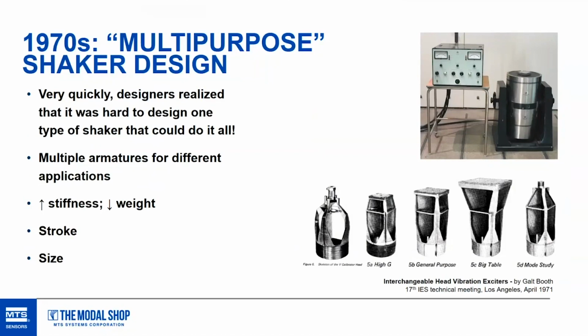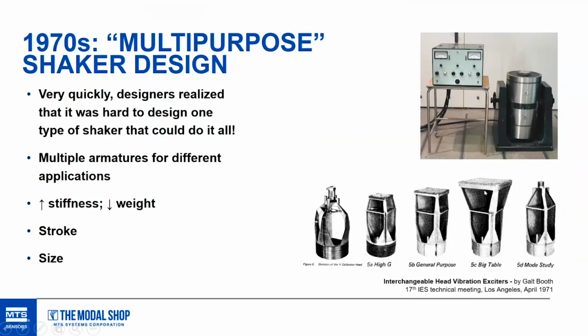And what they did, they designed several different heads that were interchangeable, and each head was optimized for a particular application. So they had, for example, the big table head, which obviously had a large mounting area for testing different articles.